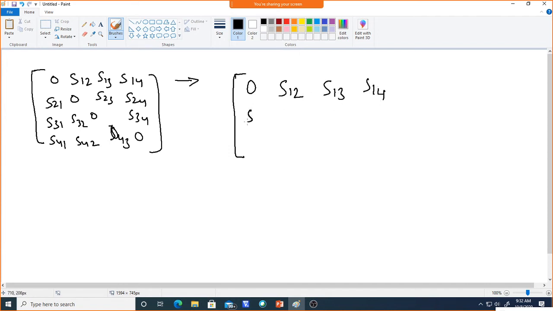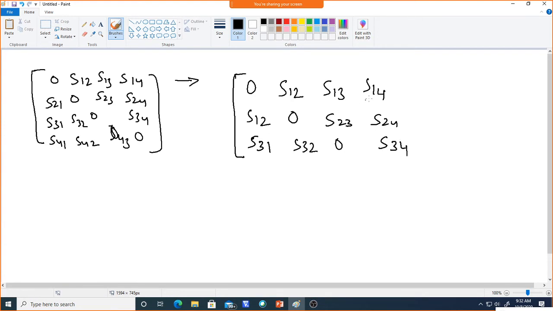Similarly here S12, 0, S23, and S24, and S31, S32, 0, and S34.